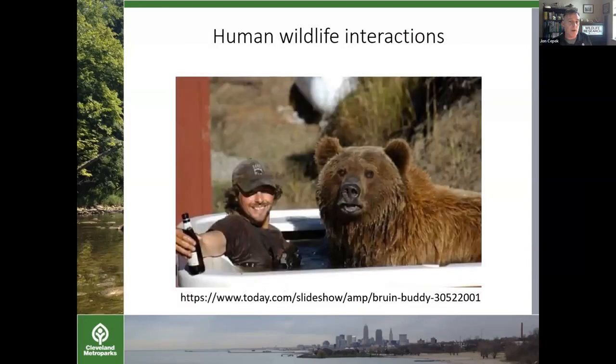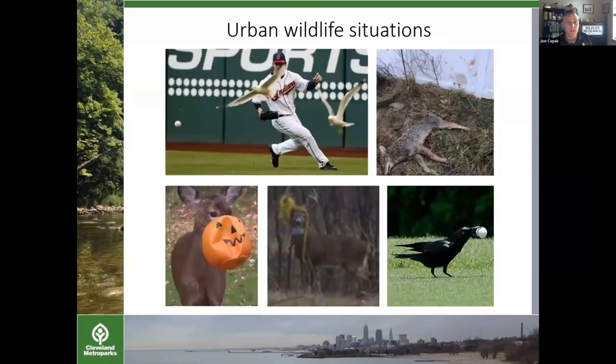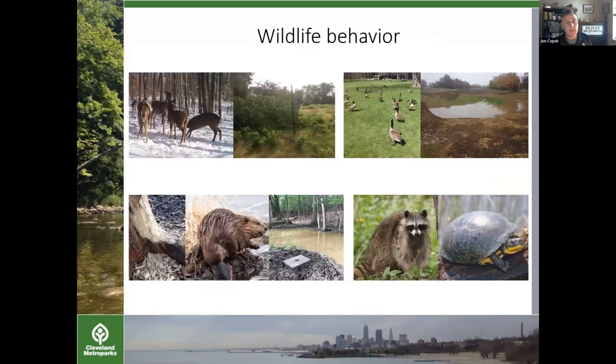So a large part of most wildlife professionals' job, I think, is figuring out human wildlife interactions and what is really going on, like this fantastic picture. And in my career, there have certainly been some very interesting situations between people and wildlife in urban systems. Sometimes that simply involves a more natural situation with wildlife behavior, natural wildlife behavior that requires wildlife management efforts to protect other species, resources, and ecosystem function.